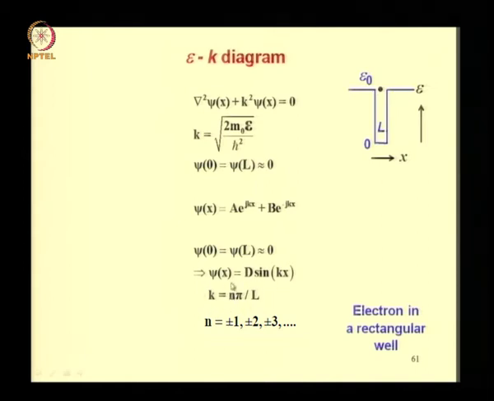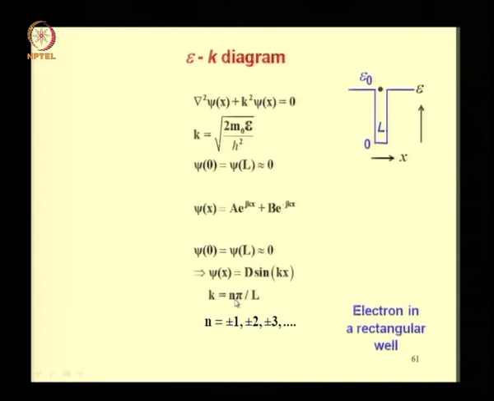Now this is where the quantization of energy is coming about. So only certain values of k are allowed. These are integer multiples of pi by L. Note that though the wave function satisfies the boundary conditions with n equal to 0, n equal to 0 is not a solution.